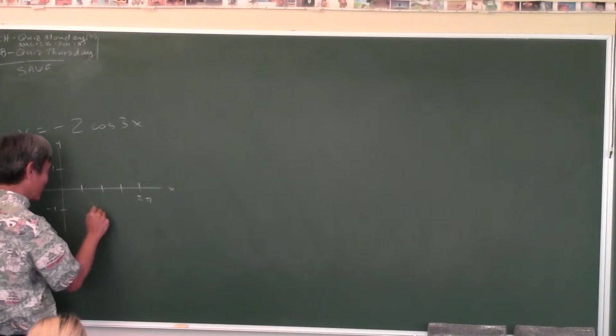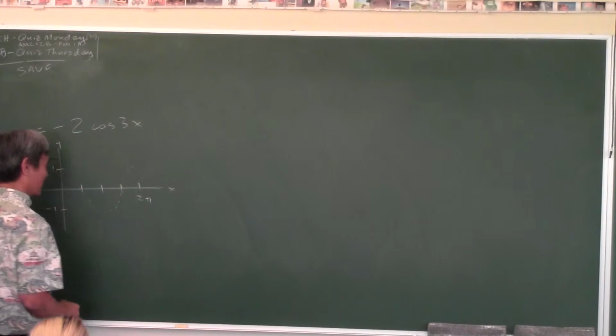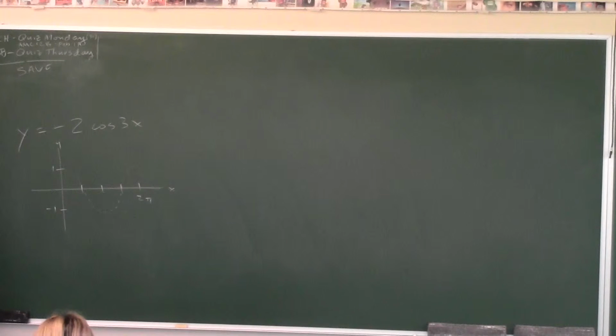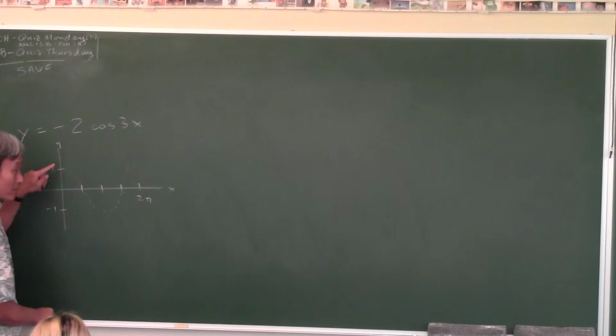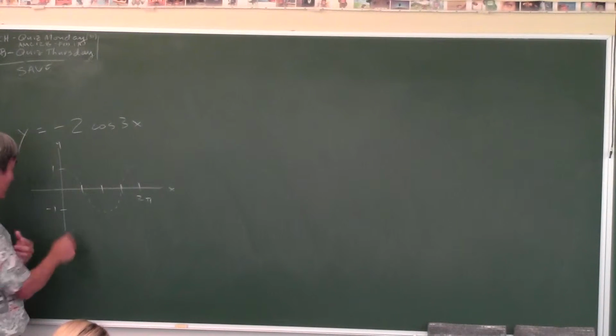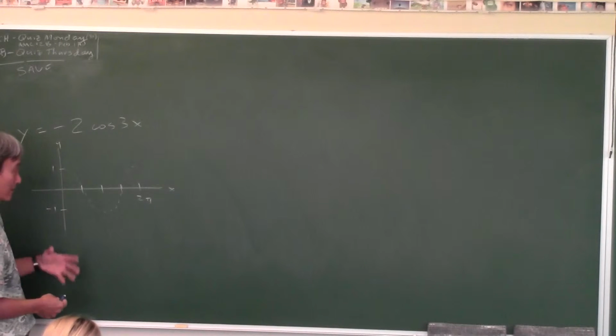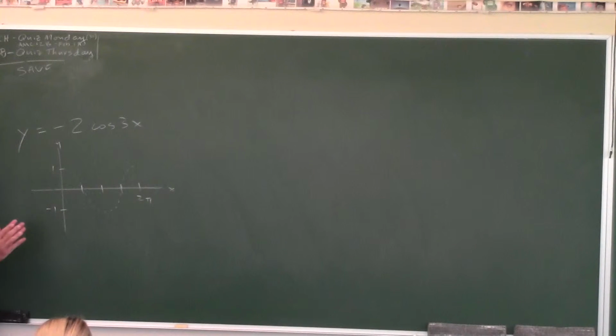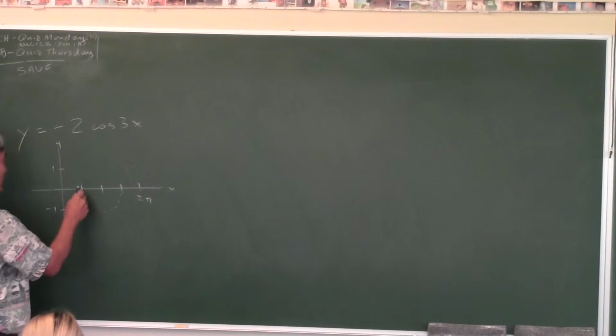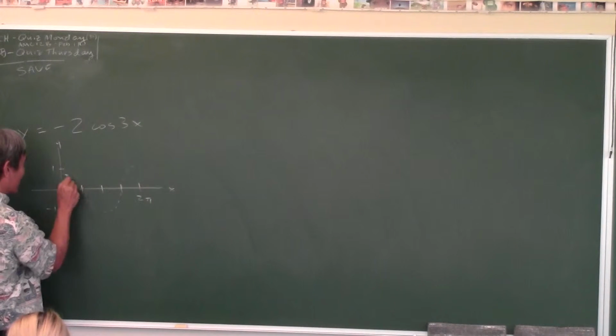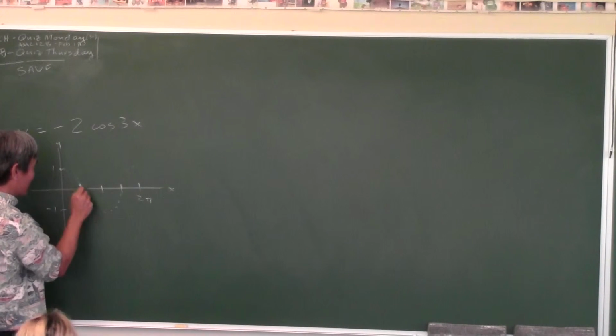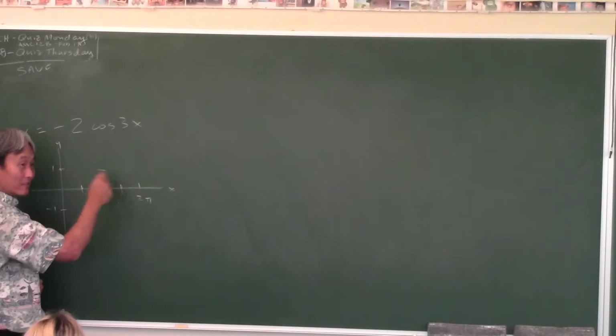Just remember, cosine of 0 is 1, so it starts here. Sine of 0 is 0, so it starts there. In fact, if you could just remember 0 and pi over 2, cosine of pi over 2 is 0. So if you remember these 2 points, everything is just going to follow the pattern.